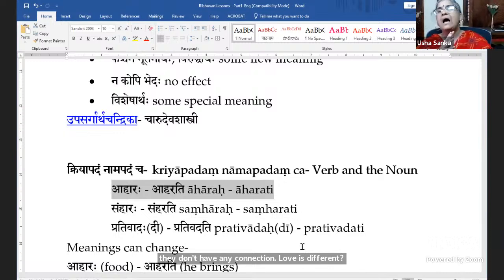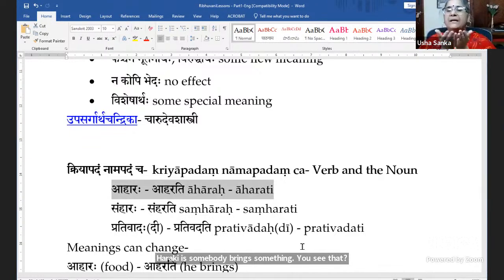For example, aharaha is to eat. It's food related. Even in Telugu we have that word. Even in Indian languages, people understand ahara, even if they don't know Sanskrit. Ahara is something we eat. Aharati is somebody brings something, carries something and brings it to a different place.